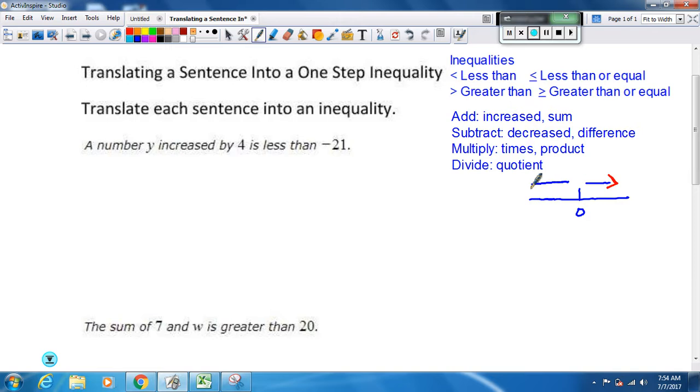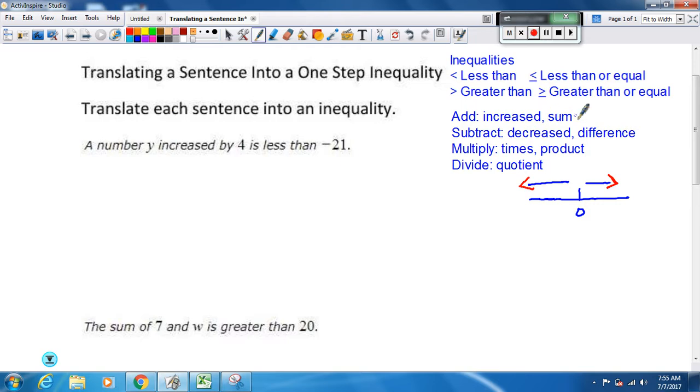All the numbers less than 0 are to the left. Now notice how I made those arrows different colors, because your greater than or less than signs are just your arrows. If it's going to the right, the arrow is pointing right, and if it's going to the left, the arrow is pointing left. Greater than 0 is to the right, less than 0 is to the left.